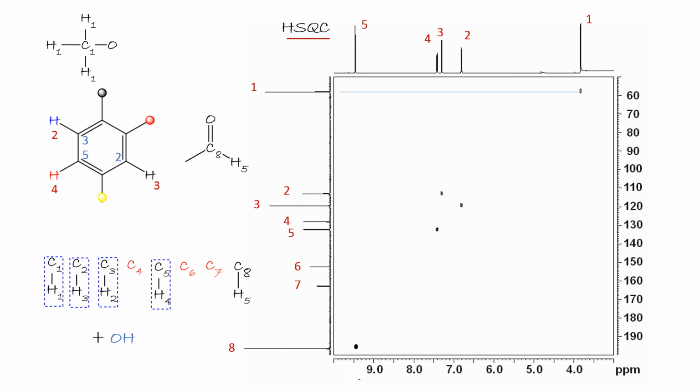So we can clearly see that C1 is connected to H1, C2 is connected to H3, C3 is connected to H2, C4 is quaternary, C5 is connected to H4, C6 and 7 are quaternary carbons, and C8 is connected to H5.